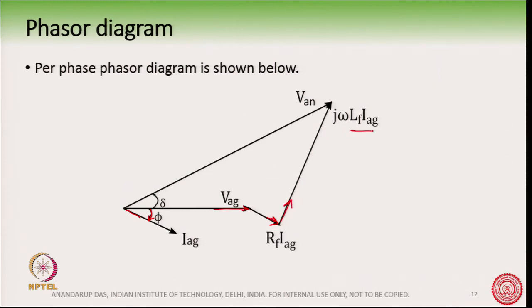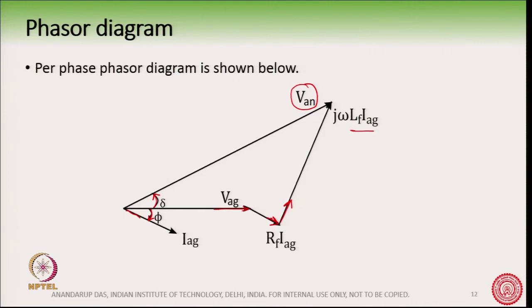So, j omega LF IAG will take me 90 degrees and then I will come to know the required value of VAN, which is to be produced by the converter. In this phasor diagram, the converter has to produce a voltage which is leading the grid voltage and its magnitude is more than the magnitude of the grid voltage.